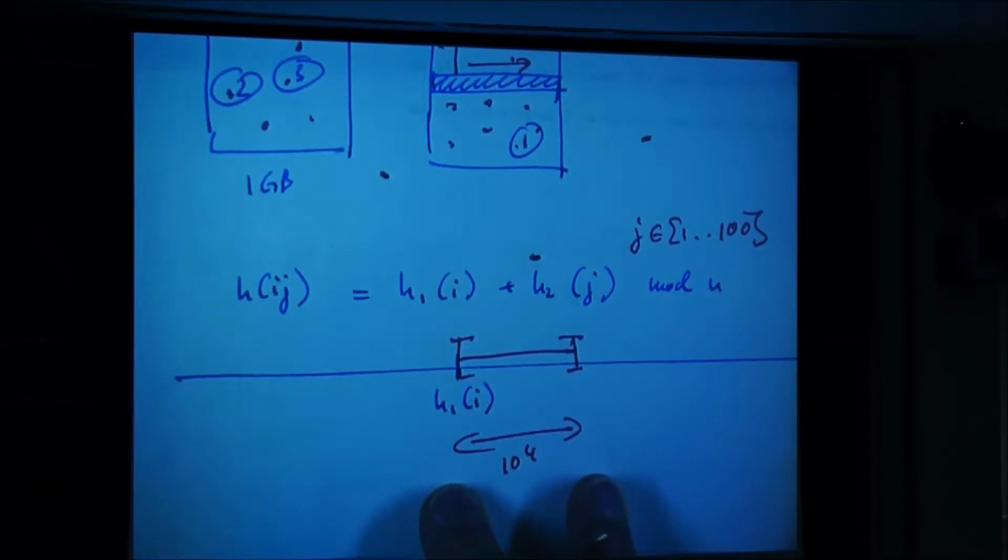Does somebody have an idea of how I can basically generate a permutation rather than just a random hash, and do that in comparable time? Okay. Any idea?